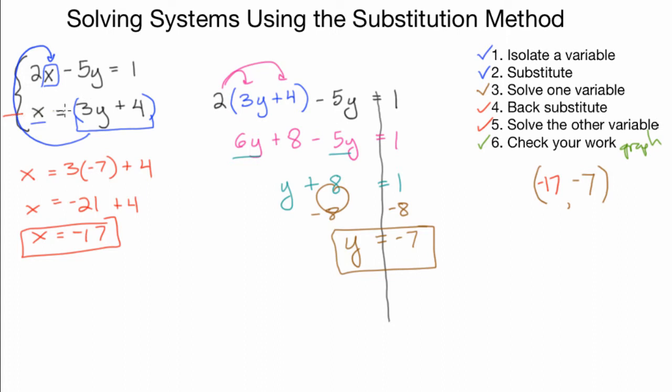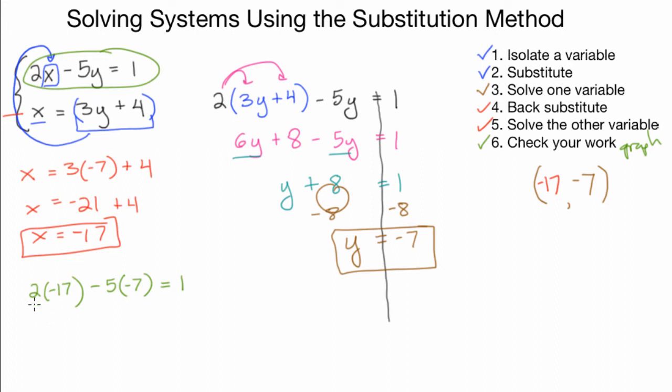We used this equation, x equals 3y plus 4, and we solved for x with that one. But now let's use the first equation and put x and y in and just test it out. So does 2 times x, which is negative 17, minus 5 times y, which is negative 7, actually equal 1 when I simplify things out?